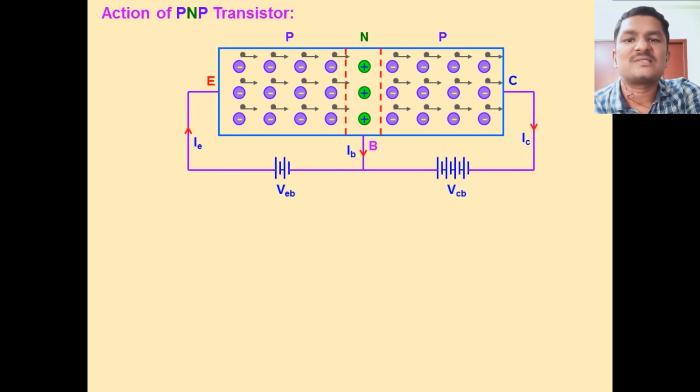Only 5% of the majority charge carriers in the emitter region combine with majority charge carriers in the base region, and the remaining about 95% are pushed into the P region, and those are attracted by this negative terminal of the battery.